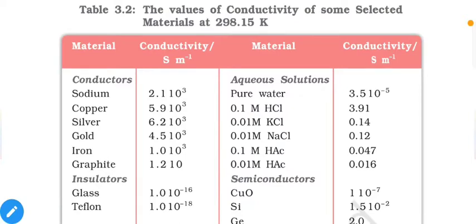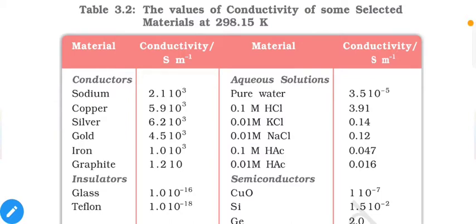As we can see, pure water has very poor conductivity. Normally when water conducts electricity, it is because of soluble salts or ions in it. If we dissolve HCl, KCl, NaCl and so on in water, they increase the conductivity by a good amount.